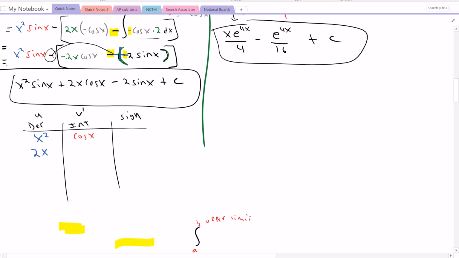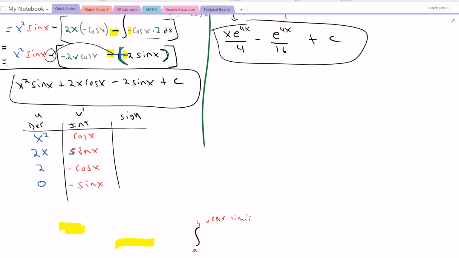So the derivative of x squared is 2x. The derivative of 2x is 2, and the derivative of 2 is 0. So we stop when we get 0, right? And we're going to do the same in the next column with integrating. The integral of cosine is sine. The integral of sine is negative cosine, and the integral of negative cosine is negative sine.